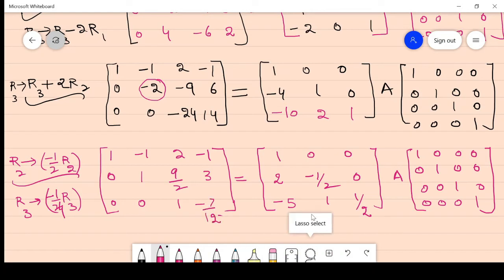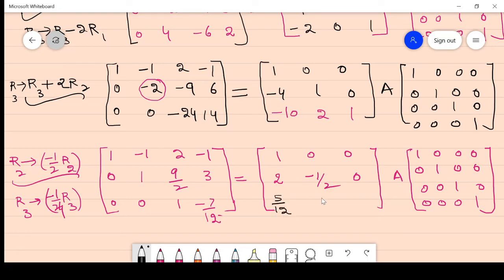So these values. Now again, multiplying by minus 1 by 24, so 10 by 24, 5 by 12.